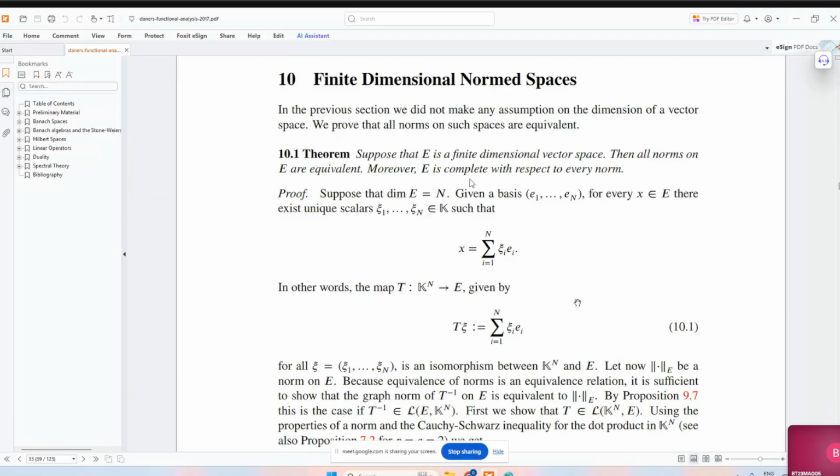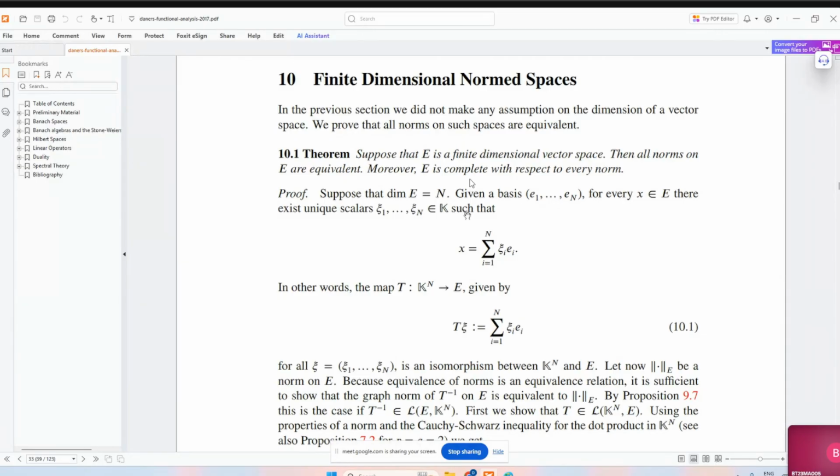Usually, to show that the norms are equivalent, you show that there is an isomorphism between the two spaces of the same dimension. The isomorphism is a map which takes one basis to another basis. That is what one does.